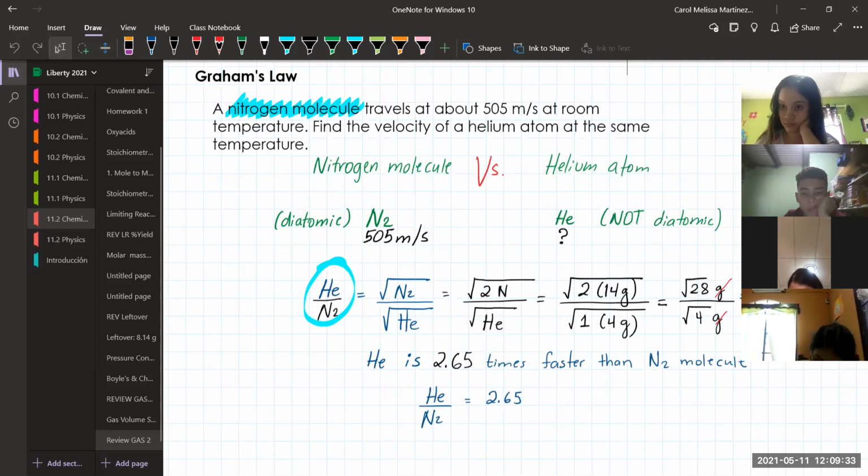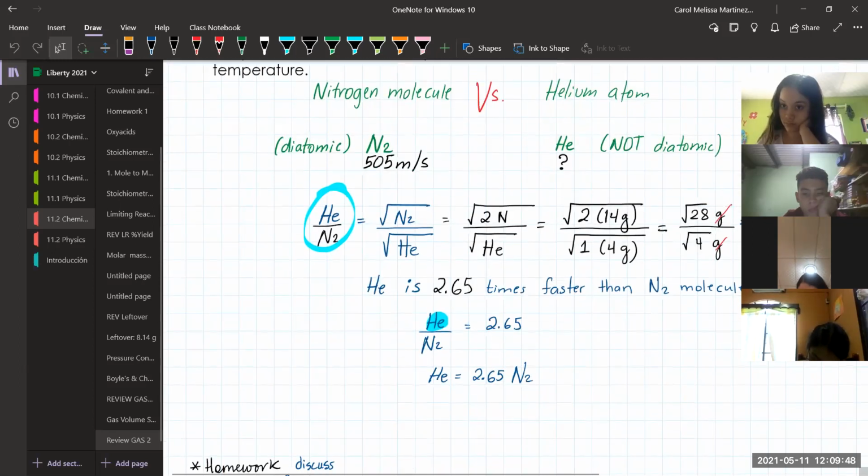I isolate helium and I say helium is equal to 2.65 times the velocity of nitrogen, the nitrogen molecule. And this is nothing more than 2.65 times the speed that is 505 meters over second.